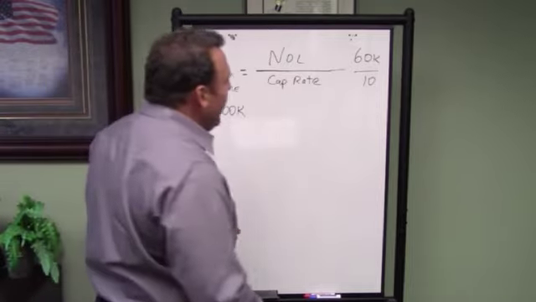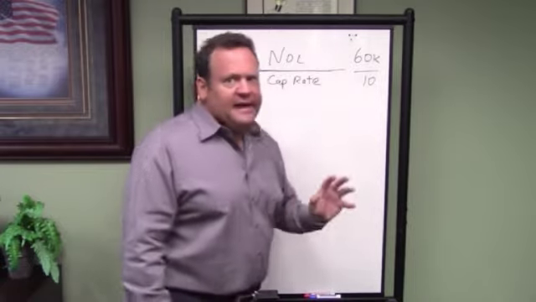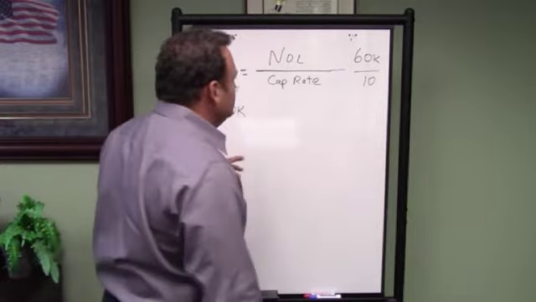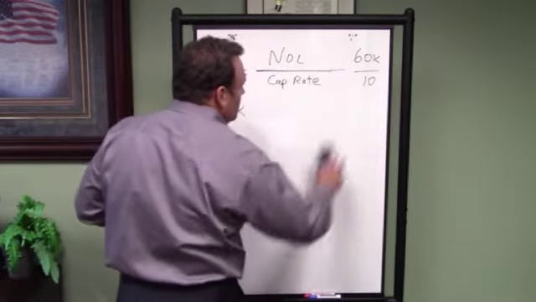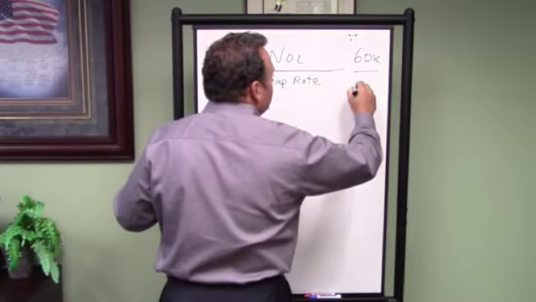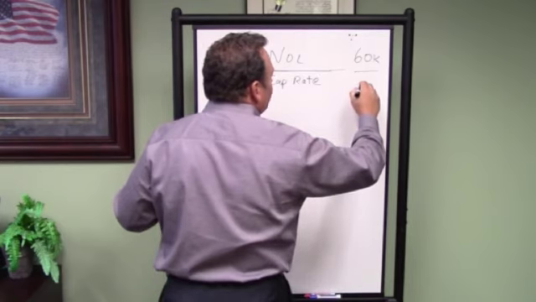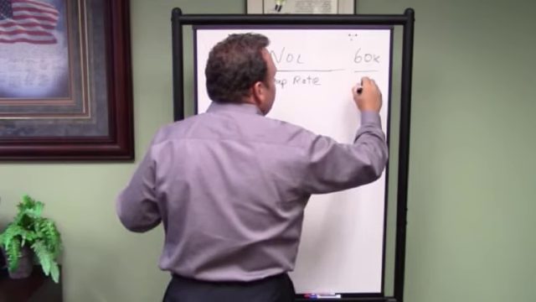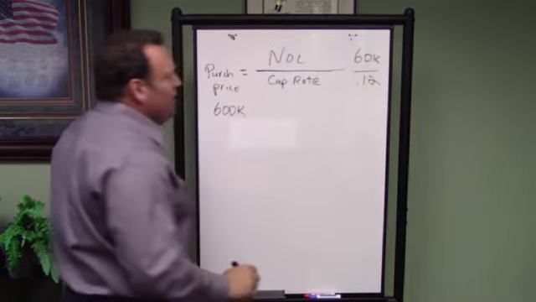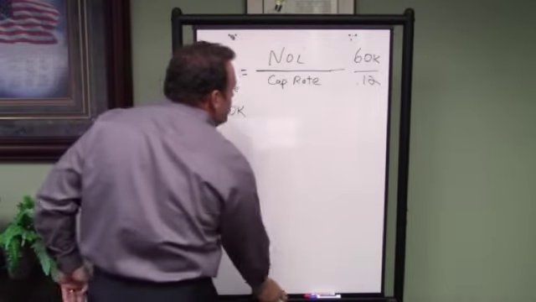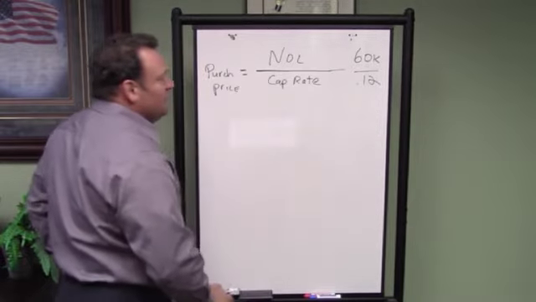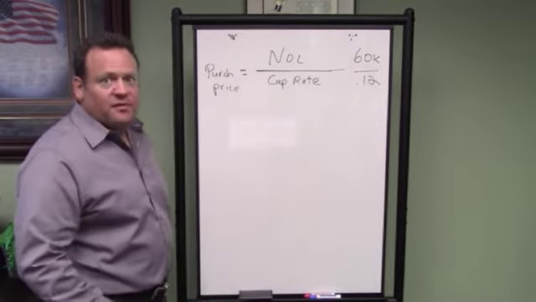Now, I said you want to buy it underperforming, get it to a high cap rate, sell it at a low cap rate. Because if I take 60 and divide it by, let's say, 0.12, a 12% cap rate, what's the building worth?